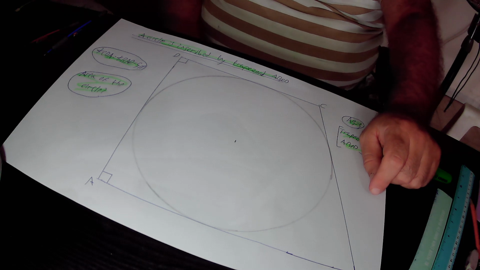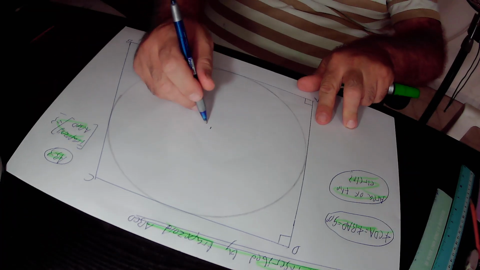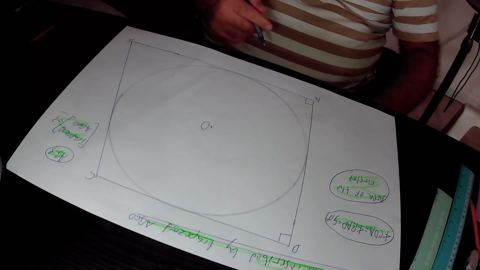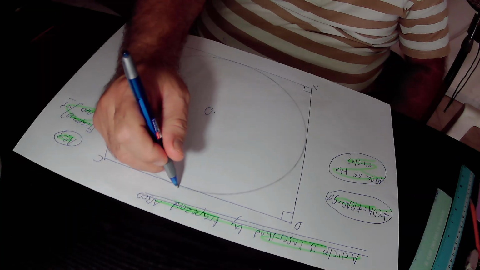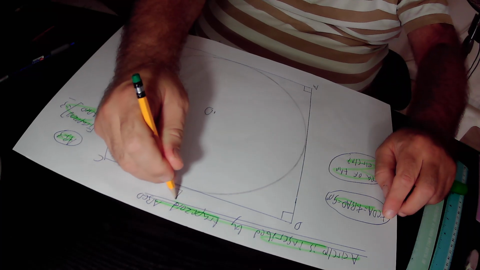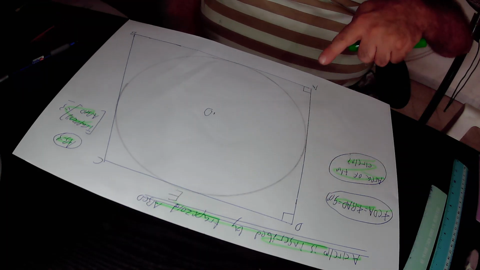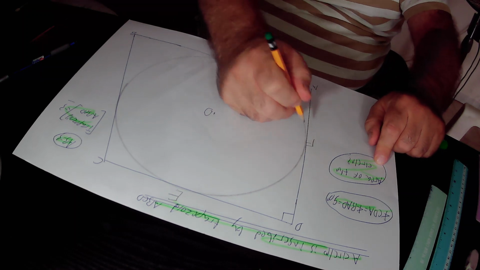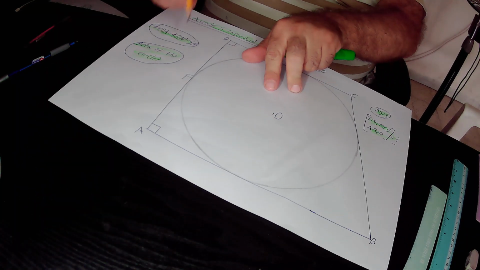So first of all, we define the center of this circle. This point is point O. In addition, we define the relevant points to this question with letters. We define the point of tangency of tangent DC with this circle. This point is point E. We define the point of tangency of tangent DA with this circle. This point is point F. We define the point of tangency of tangent AB with this circle.